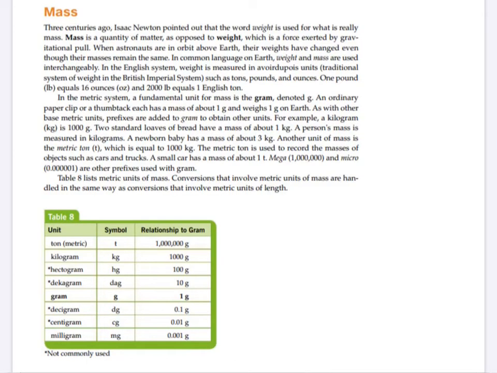Oh yeah, one more thing for the homework. Mass. What's the difference between mass and volume? 3 centuries ago, Isaac Newton pointed out that the word weight is used for what we really mean mass. Mass is a quantity of matter, as opposed to weight, which is the force exerted by gravitational pull. You know how they say you'll weigh something different if you go to the moon?